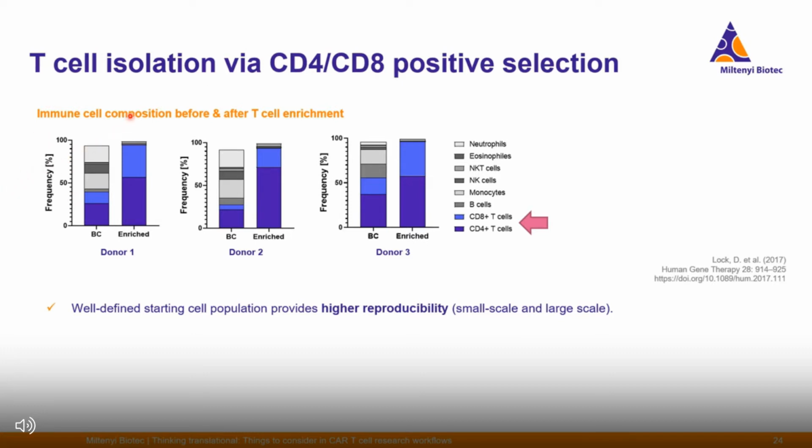However, after the enrichment, the amount of CD4 and CD8 T cells between the different donors was comparable. And this means that we start with a more comparable and a more homogeneous sample, which then clearly leads to a higher reproducibility of the whole process.